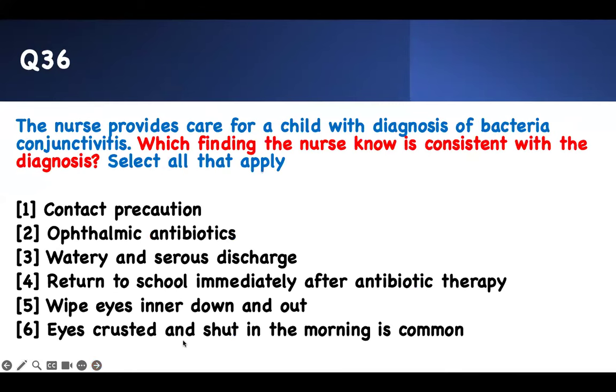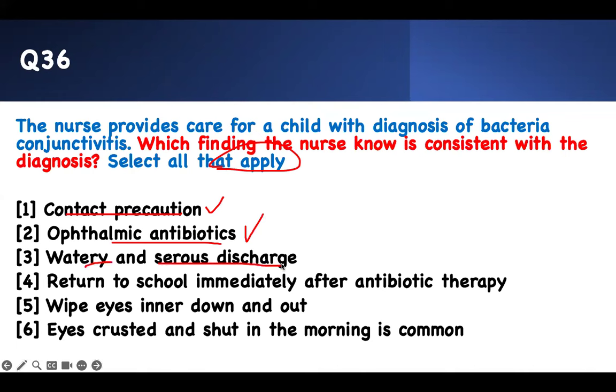The nurse provides care for a client with a diagnosis of bacterial conjunctivitis. Which findings does the nurse know are consistent with the diagnosis? Select all that apply. Bacterial conjunctivitis is a contact precaution. We give an antibiotic for your eyes. There are 3 types: allergy, bacterial, and viral.